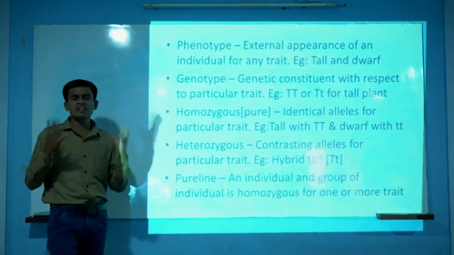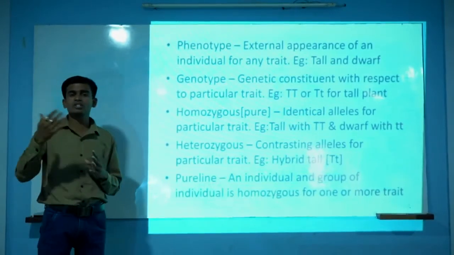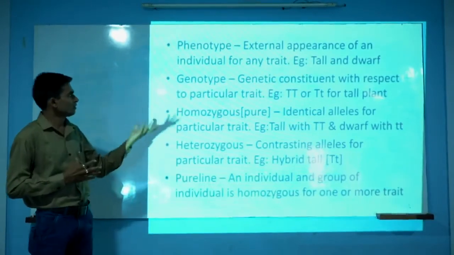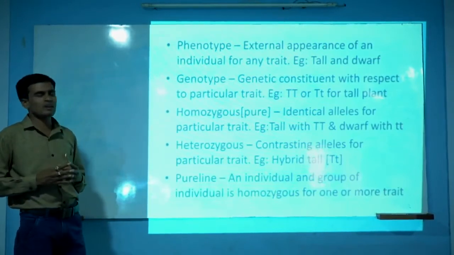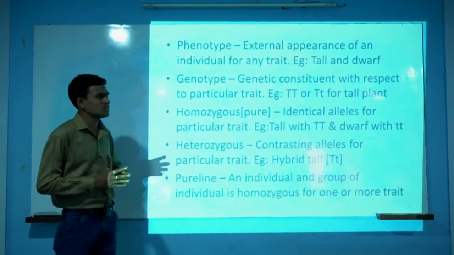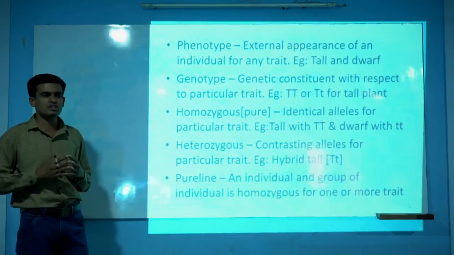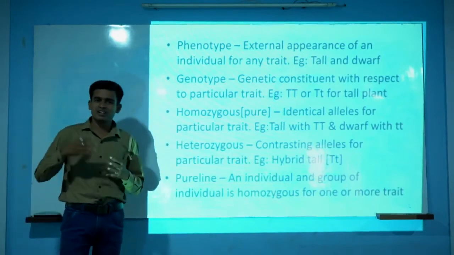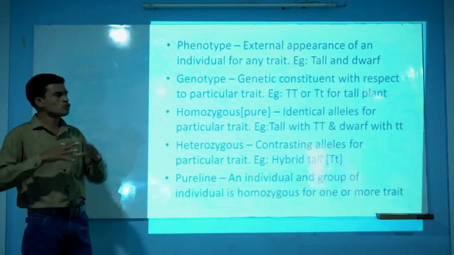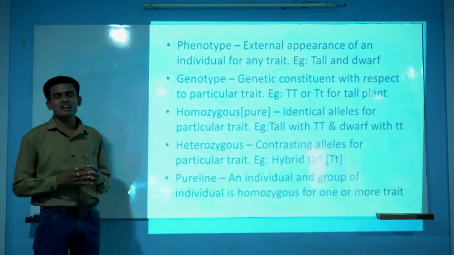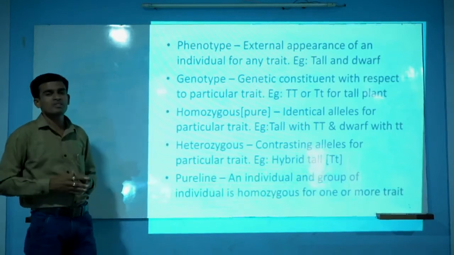The external characteristics of an organism are called phenotypes. There are a number of examples in pea plants: tall and dwarf plants, round seeds and wrinkled seeds, yellow seeds and green seeds, inflated pods and constricted pods. There are many characters.